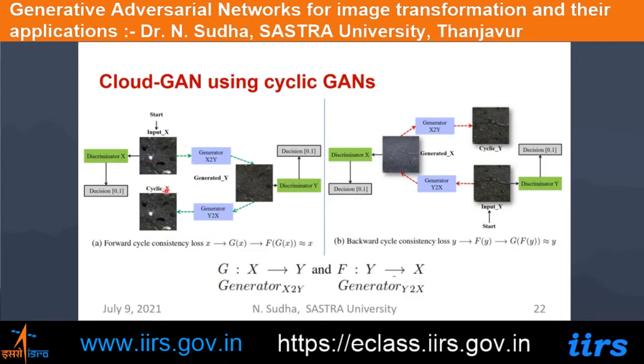One set of images will be with clouds, and another set of images will be without clouds. It will learn the cloud automatically, because from one set to another, it will try to differentiate what the difference in these images is. It will learn that and map onto the other domain. So the cycle GAN is used in this case.